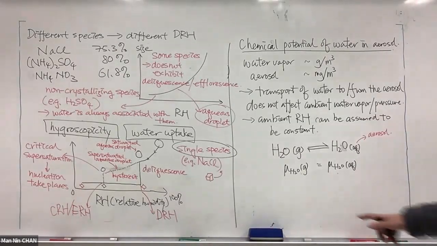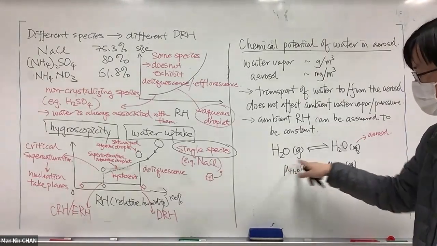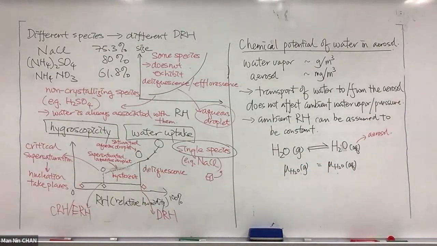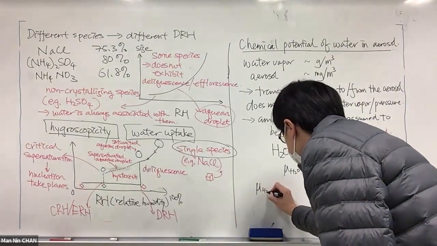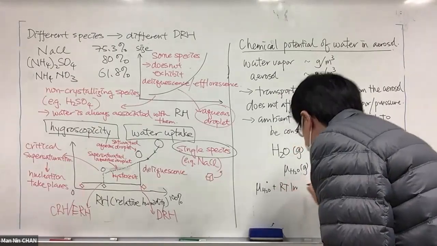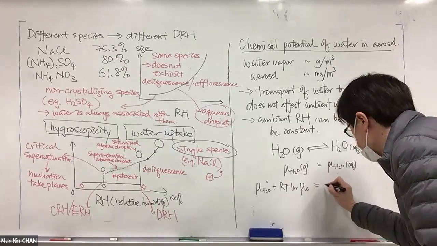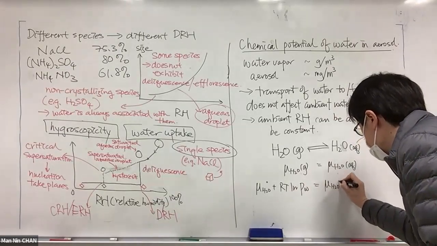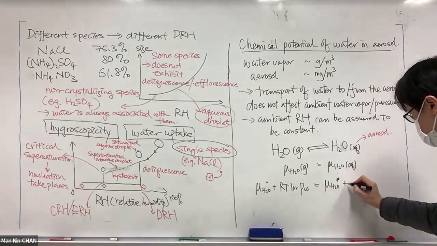Okay. Now you can also write down the equation. For example, the chemical potential of the water vapor in the gas phase. You can extend this equation for understanding, writing it down here.